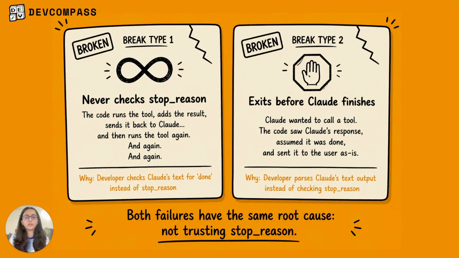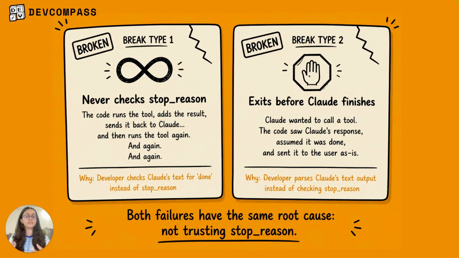Now if the developer's code is checking Claude's response text and assumes that it was a finished answer and sends it to the user as it is, the user will receive Claude's internal reasoning, a very half-formed response, because it never really went through the entire tool call process to come to a conclusion or a final answer that you really needed, right? And it would include something like, I'll look that up for you, without the actual lookup ever happening. So the tool never really ran, and that is where the user will get a broken response.